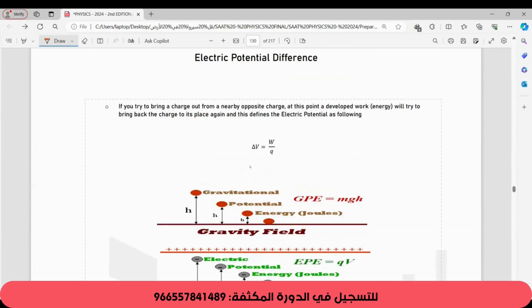Now we have the electric potential difference. You know that we measure something called the voltage. It is called in other terms electric potential difference.